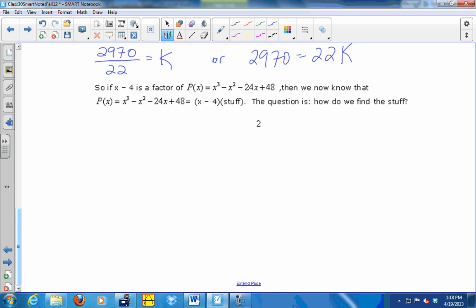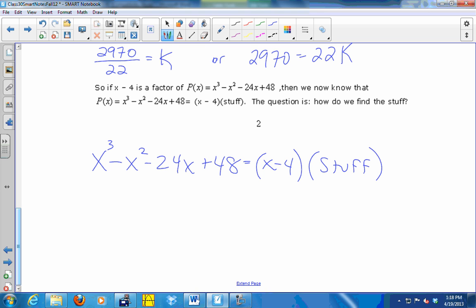This is what it means to be a factor. So how could I find out what the stuff is? Divide both sides by x minus 4.